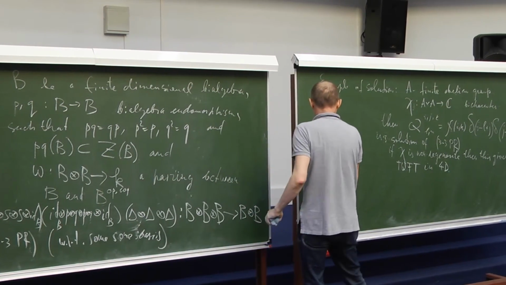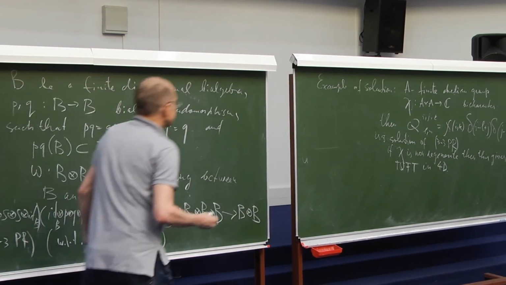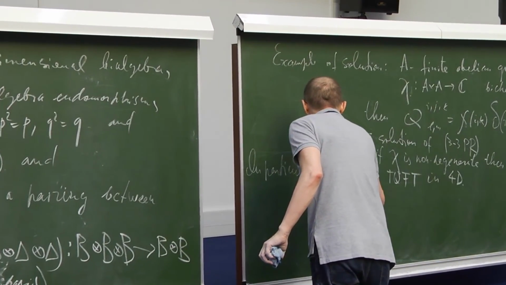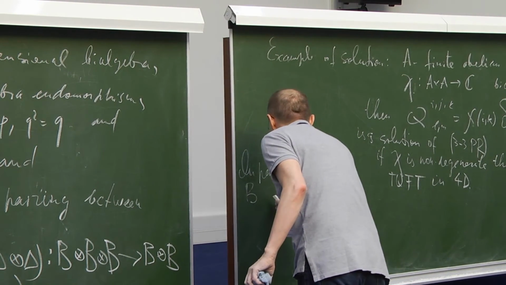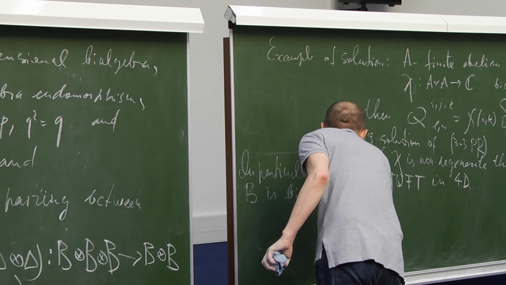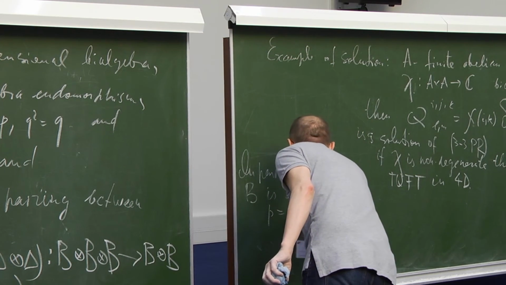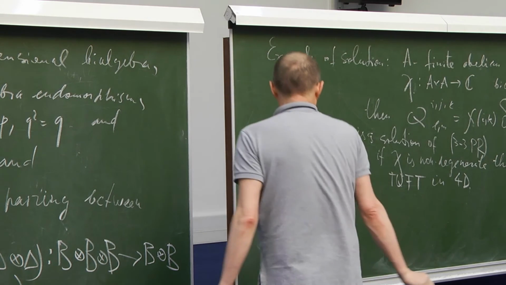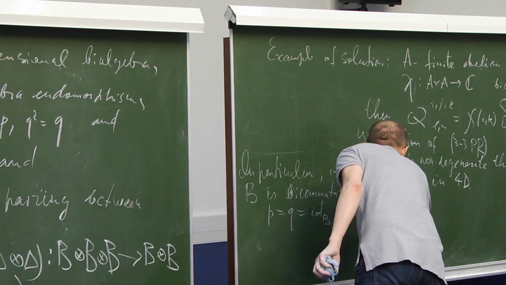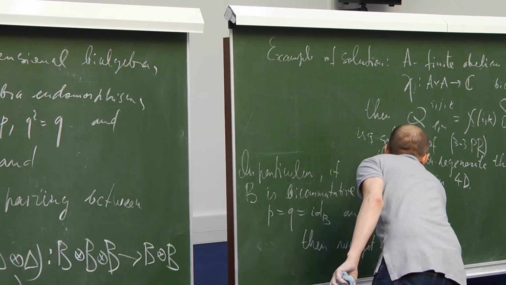But according to that remark, in which sense does this generalize that one? You just take B in particular, if B is bicommutative, P equals Q equals identity of B, and omega is equal to chi, then we get this.